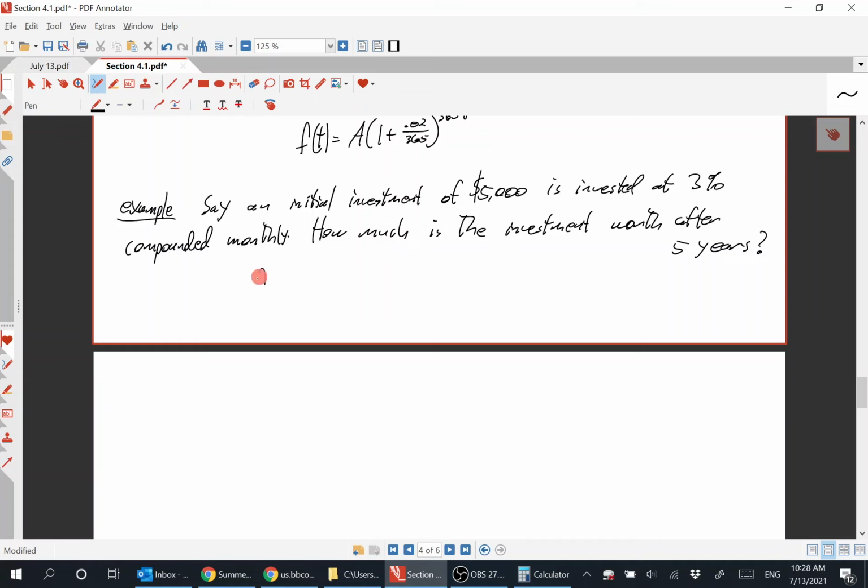So the function that goes along with this is f of t equals 5,000 times (1 + 0.03/12) to the 12t.